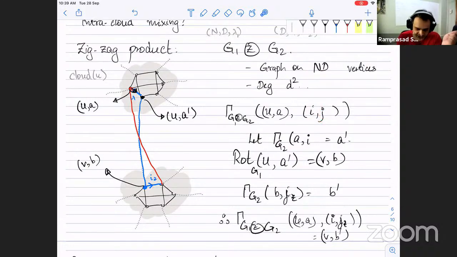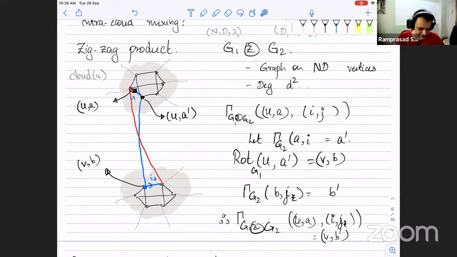So you are somehow forcing this to determine which intercloud edge you're going to end up taking. That should roughly tell you why the degree of this graph only depends on the degree of the inner graph. It doesn't depend on the degree of G at all.